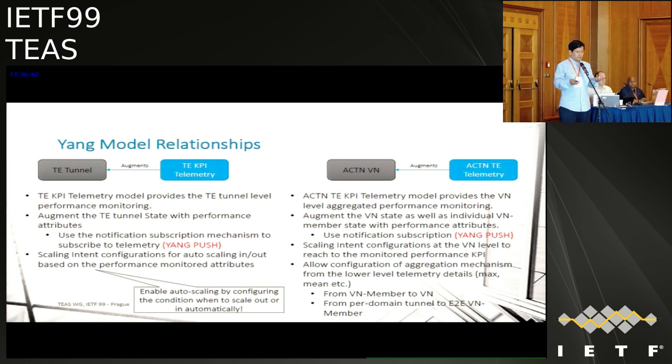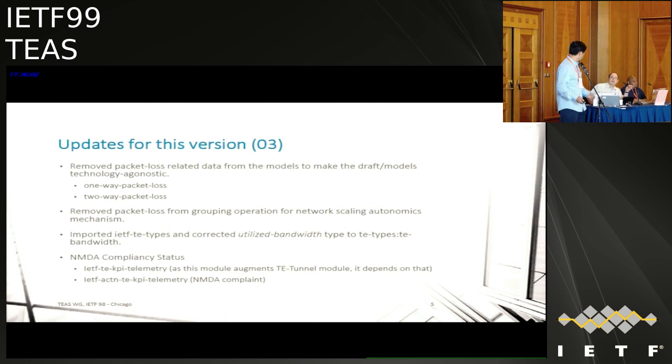As I said, both use the YANG push mechanism for subscription and monitoring condition setup. We also have some auto scaling by configuring the condition for when to scale in and when to scale out, depending on the telemetry data. I think you've gone over your 5 minutes.